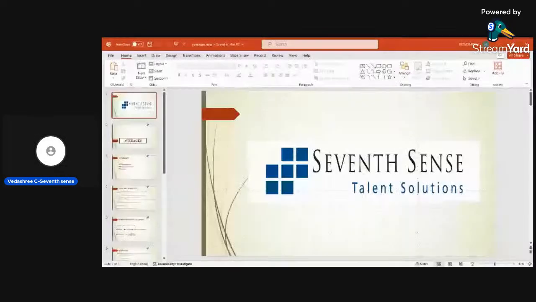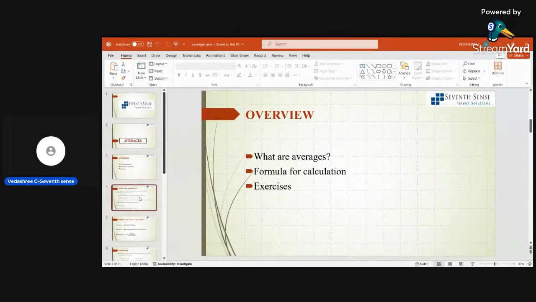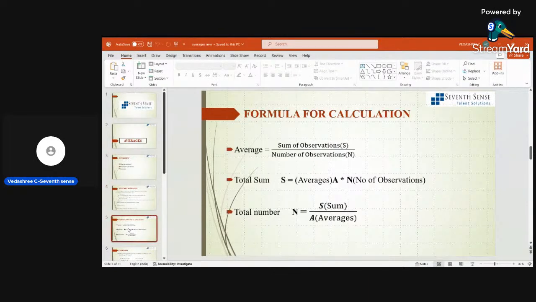In the morning session someone asked to explain averages, right? Average is nothing but the sum of observations divided by the total number of observations.